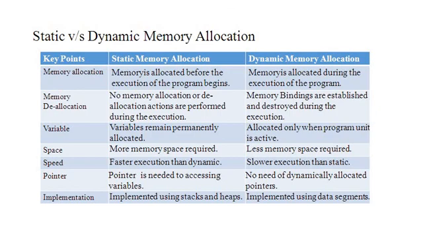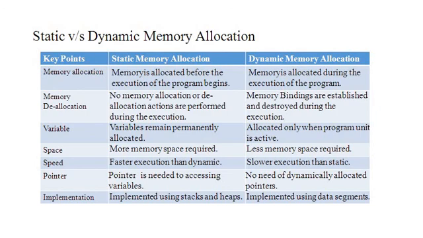Because in static allocation, first you have to declare all the variables, whether used or not used, while in dynamic memory allocation, it requires memory only for the variables which are used. So it is considered less memory compared to static memory allocation. According to speed, static memory allocation has faster execution than dynamic.